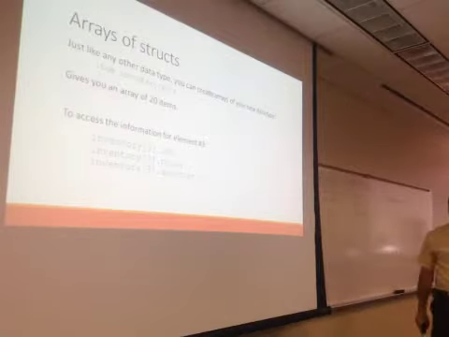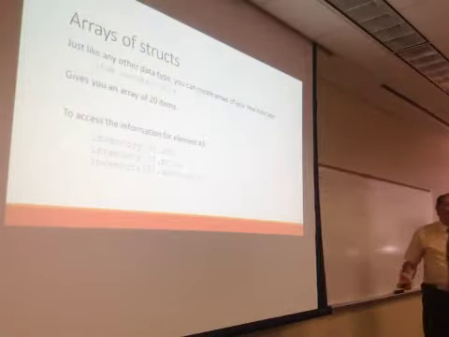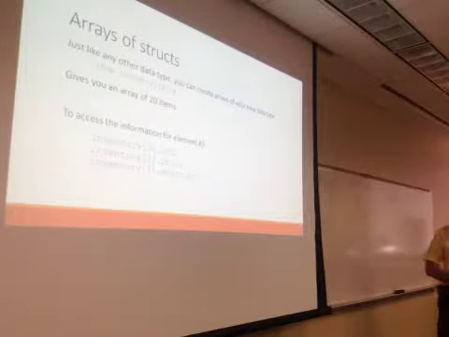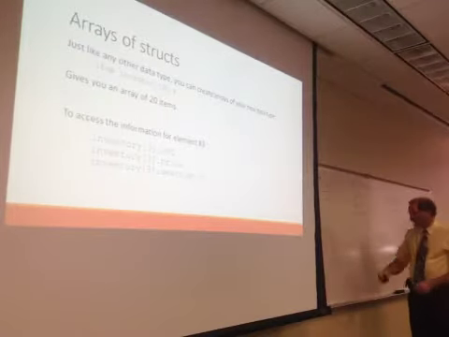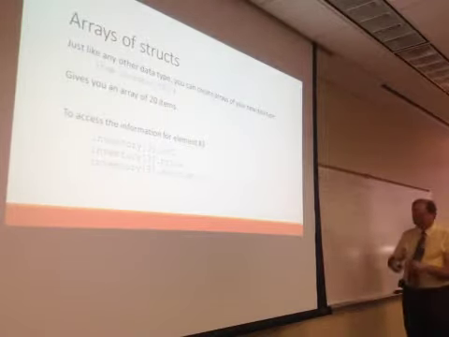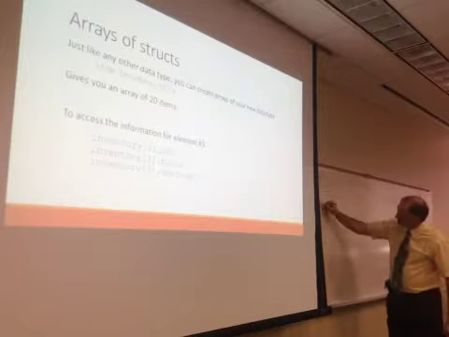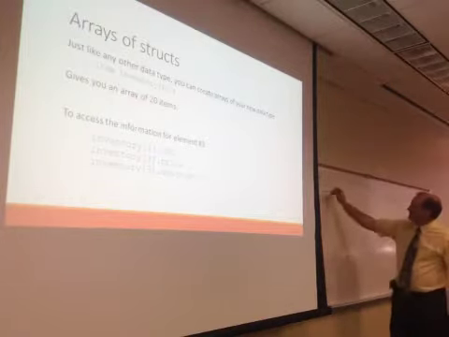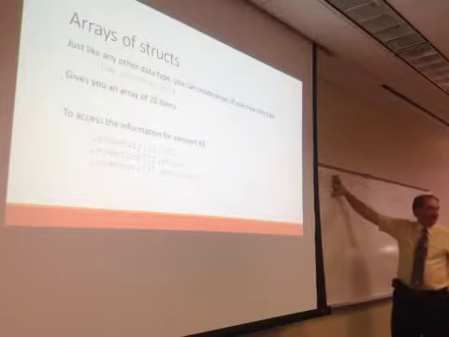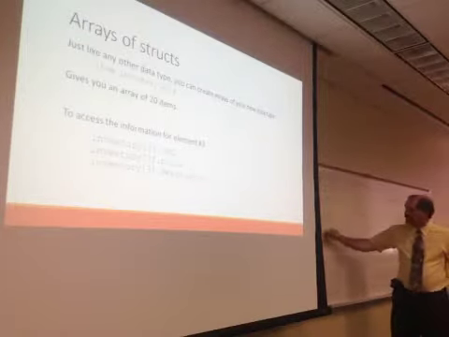So yeah, just like any other data type, we can create an array out of it as well. And now this time when we're creating an array, it's going to set aside this much room for each element of the array.